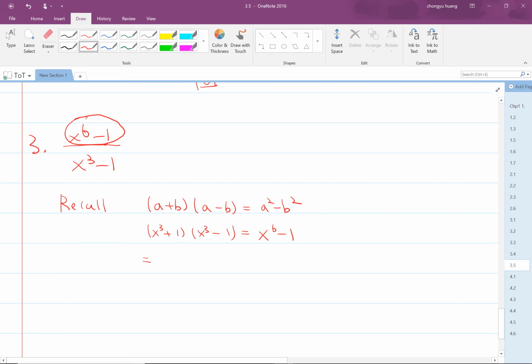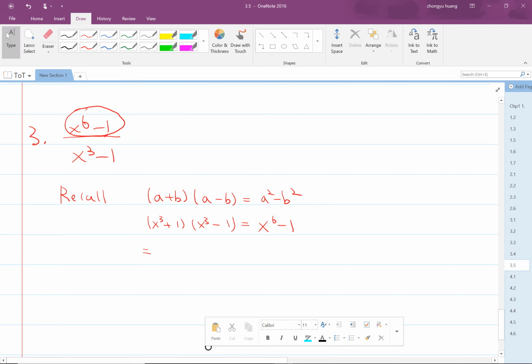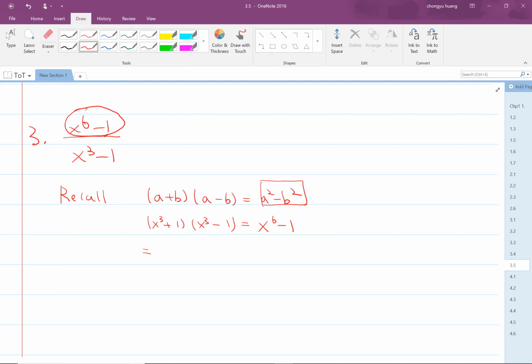As the property says, a plus b, a minus b is equal to a squared minus b squared. So we have x to the power 3 plus 1, x to the power 3 minus 1. So it becomes x to the power 3 squared minus 1 squared, which equals x to the power 6 minus 1.